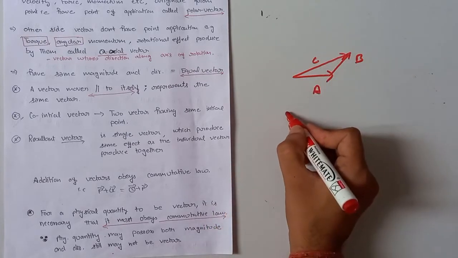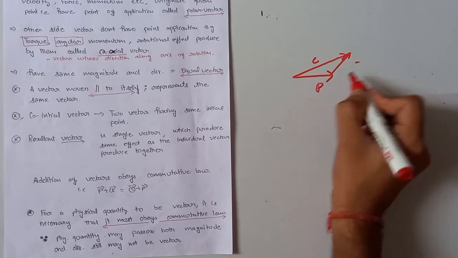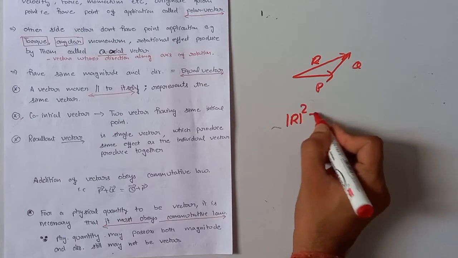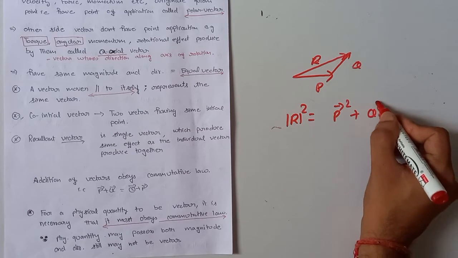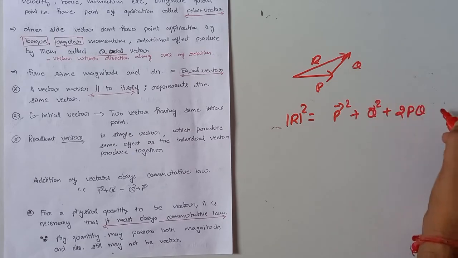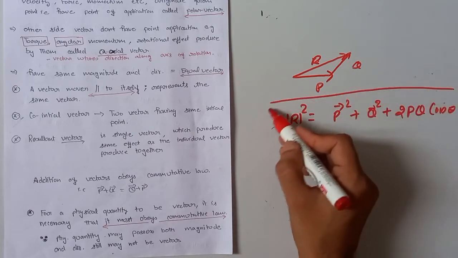Let the magnitudes be P, Q and R. Then the resultant vector R square is equal to P square plus Q square plus 2PQ cos theta. This is a very important formula.